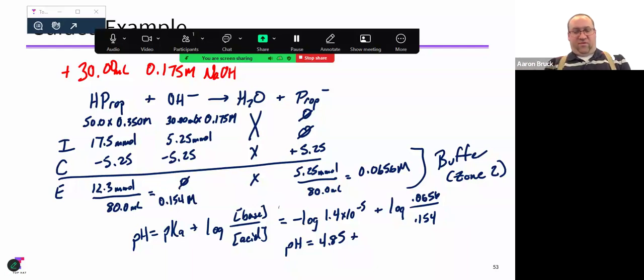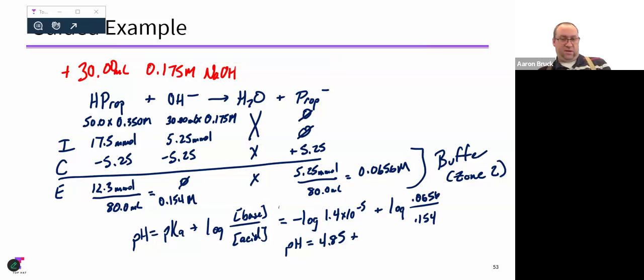0.0656 divided by 0.154 is 0.426. The logarithm of that is negative 0.371.